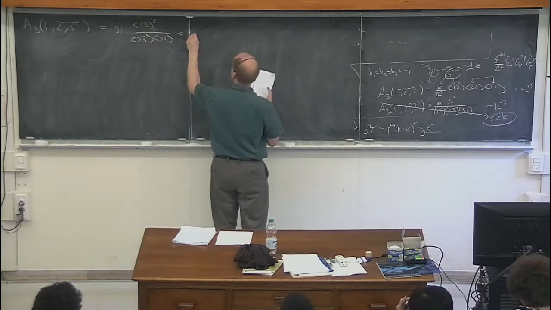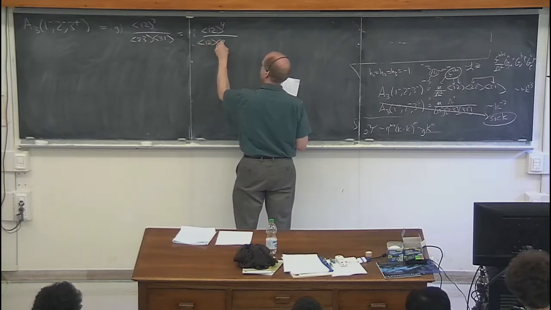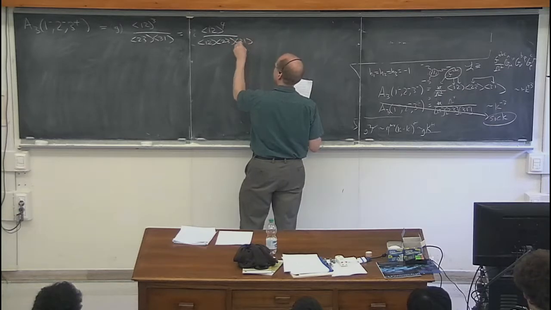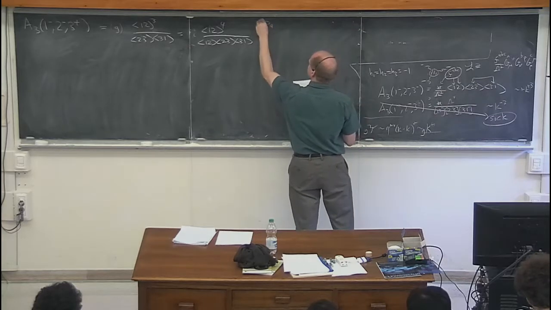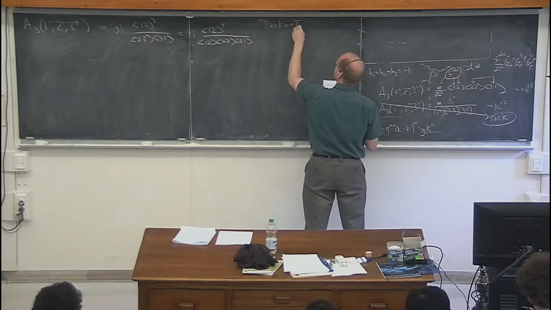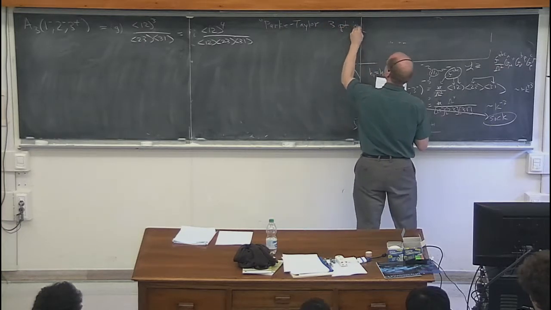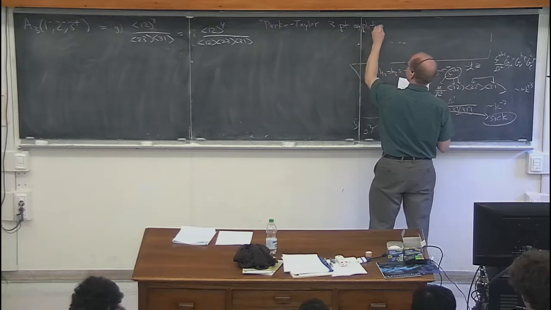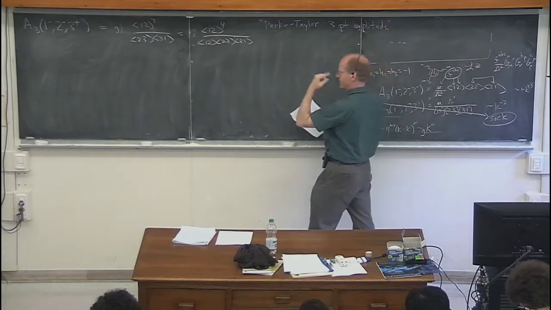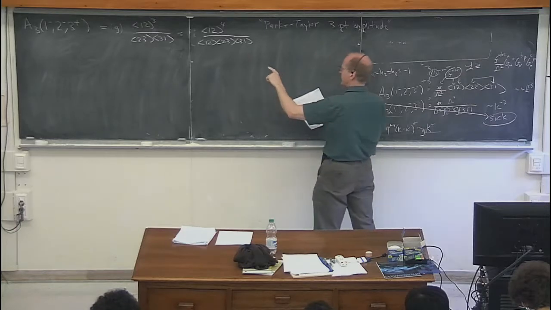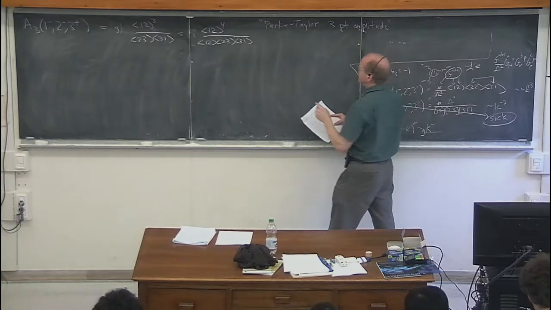Sometimes it's written in the form with an extra 1, 2 upstairs and downstairs, so that the downstairs has a cyclic symmetry. And this would be called the Parke-Taylor formula for the 3-point amplitude, except that Parke and Taylor didn't think about the complex kinematics, and they only wrote their formula, which I wrote down on the first day, for n greater than or equal to 4.